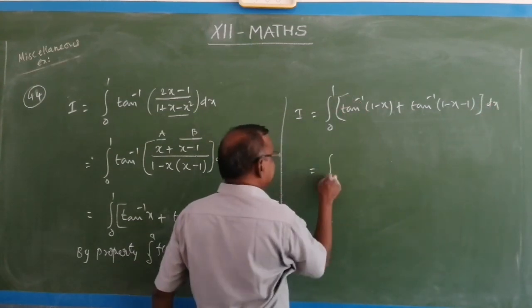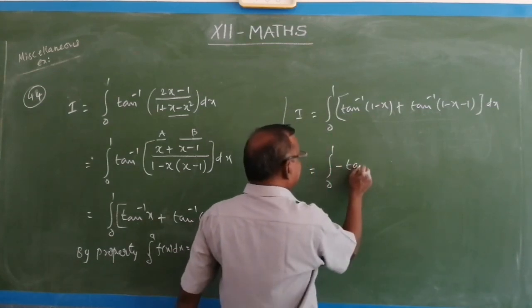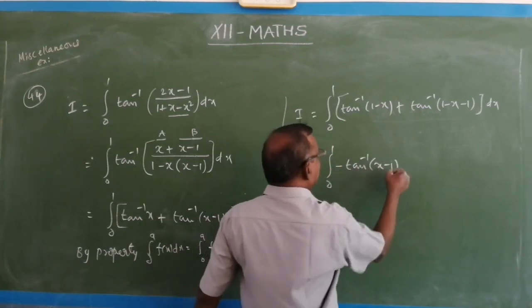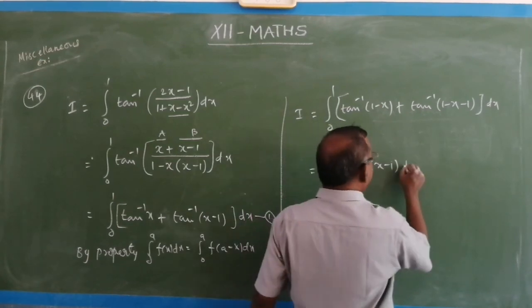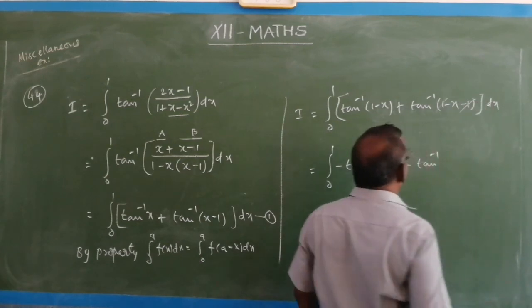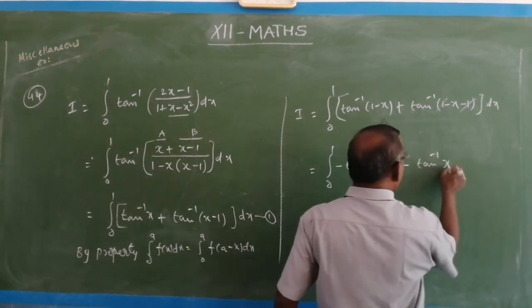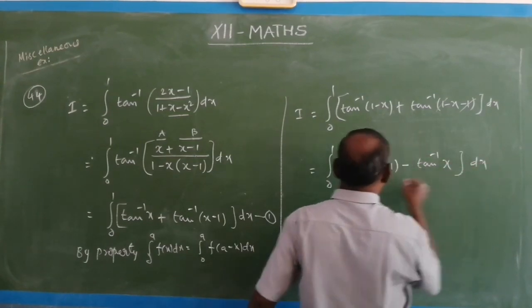So this is equal to integral 0 to 1. We can write this as minus tan inverse of x minus 1, and plus tan inverse of, plus 1 minus 1 cancel. So tan inverse of minus x equals minus tan inverse of x, minus tan inverse of x into dx.